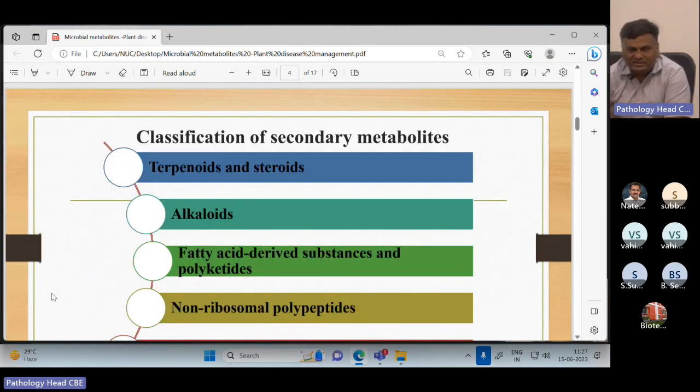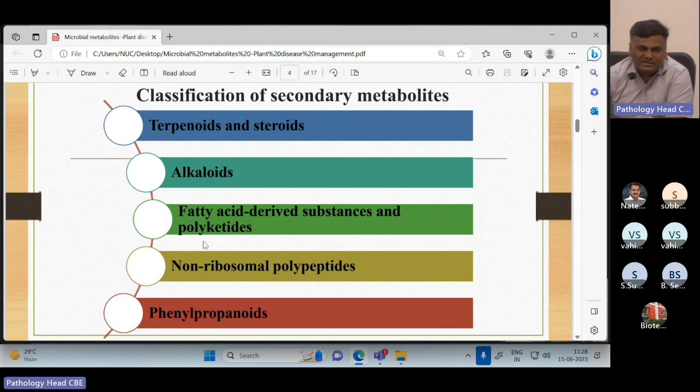As for classification, this is a very preliminary or one-sided classification, which depends on the nature of the compound. We can classify these metabolites in many different ways, depending upon their purpose, their chemistry, or their structure. I have given a reasonable classification based on our purpose in agriculture, because when the purpose differs, the classification also differs.